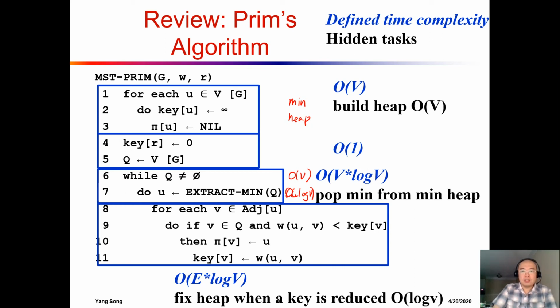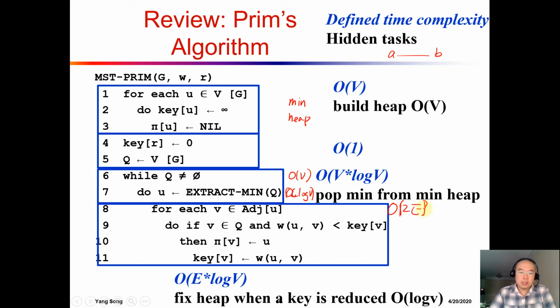The reason is, if there is an edge between A and B, then in A's adjacency list we will see the edge AB, and in B's adjacency list we will see BA. So there will be 2E, because for each edge we visit it twice. So for this for loop, it is guaranteed that we will visit 2E times. So that is O(2E).